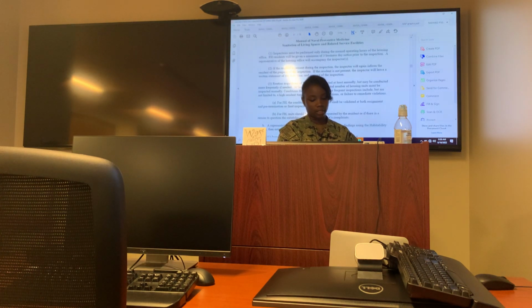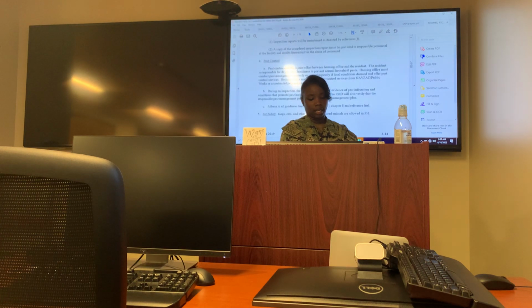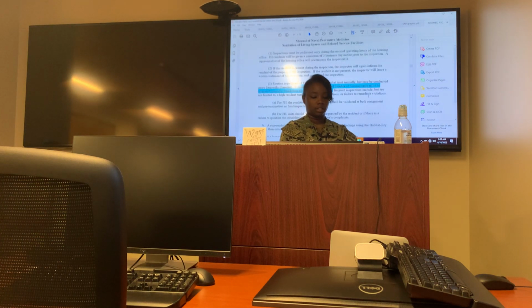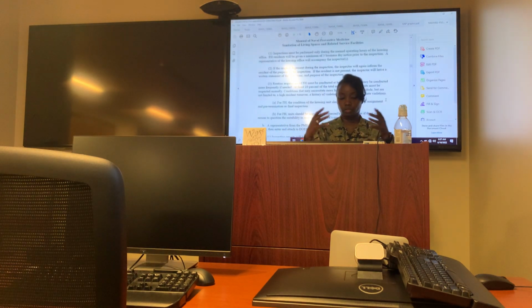For the Fisher houses, we inspect 10% of the total number of housing units on an annual basis. And again, depending on the request, whether it's the CO or the resident, we can make that more frequent or increase the number of inspections we're doing.